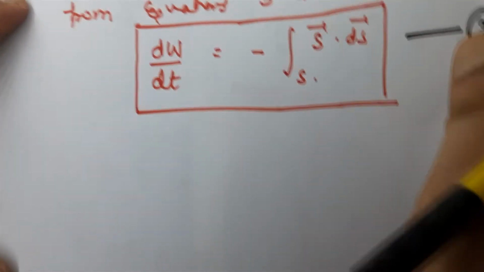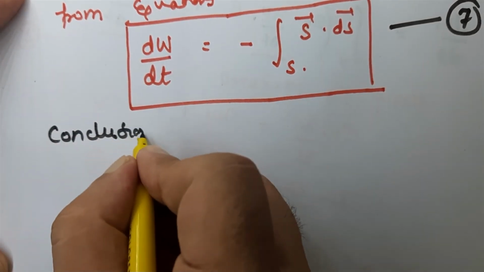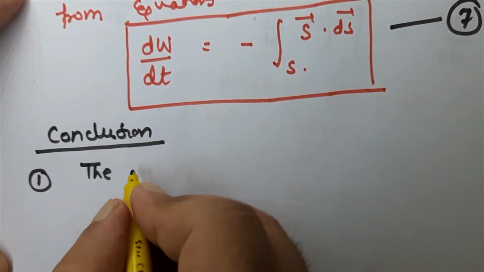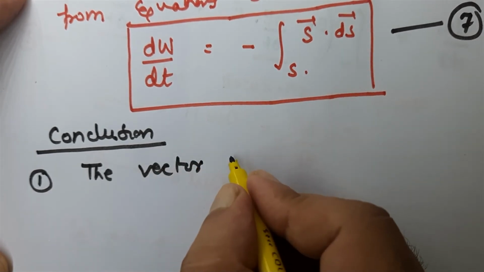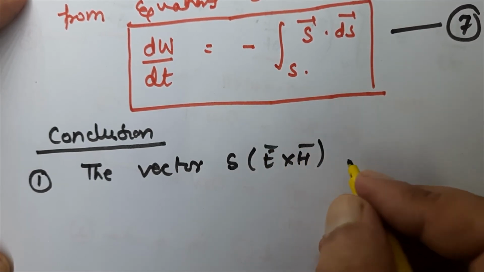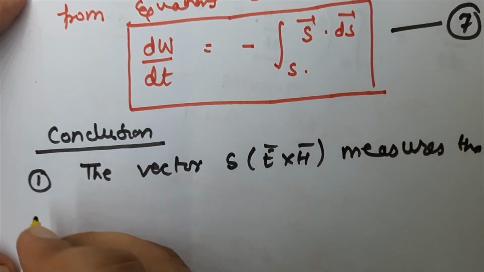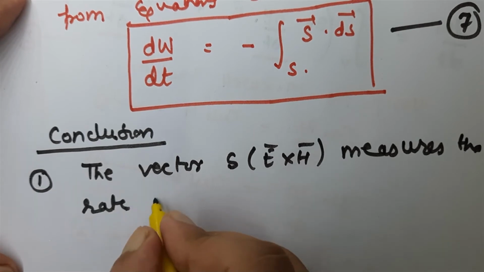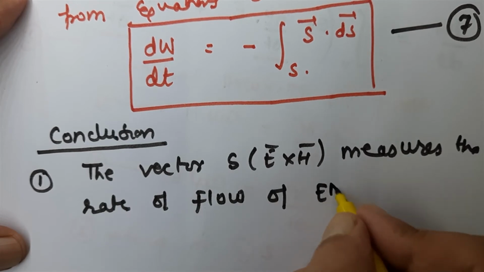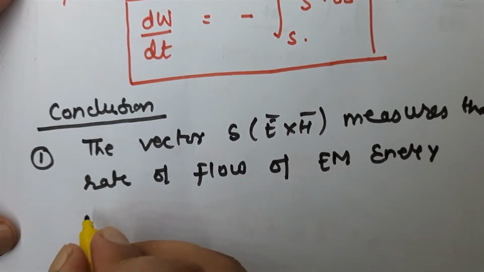The first conclusion that can be drawn from this equation is that the vector S, which is given by E cross H, measures the rate of flow of electromagnetic energy per unit area.